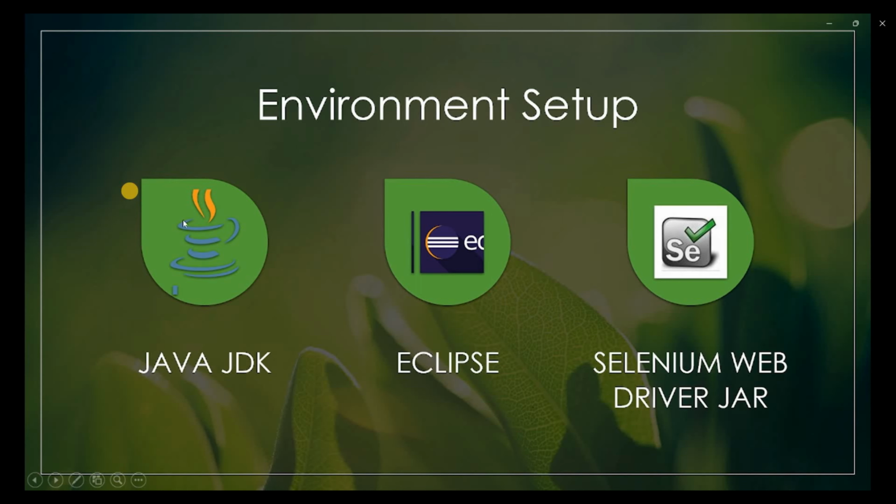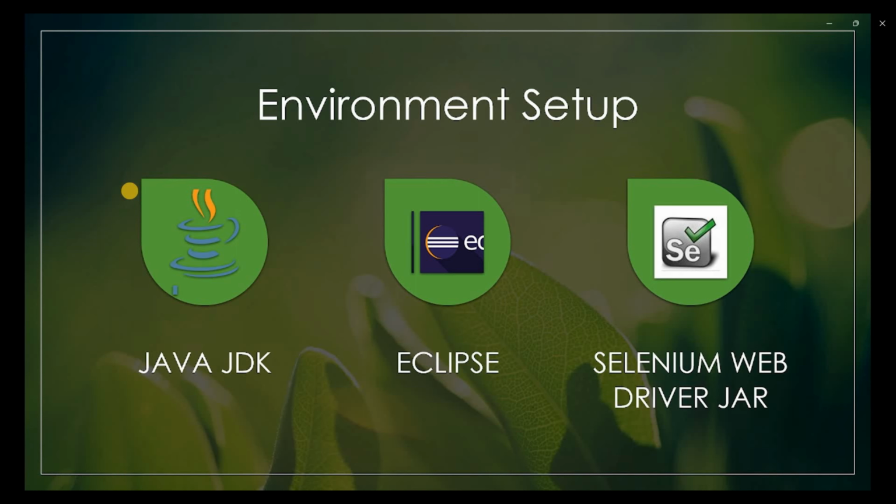So first, let me discuss what we need to set up before starting the automation testing under Selenium. We have to install Java JDK, and we need to have the IDE in which we are going to code. So you may have Eclipse or IntelliJ. And another thing is you need to install some jar file.